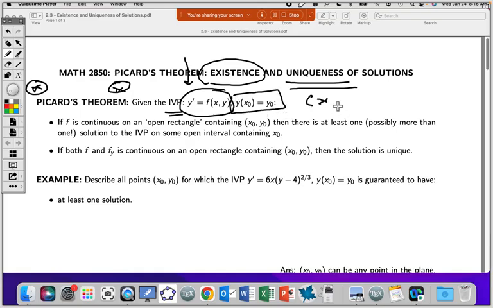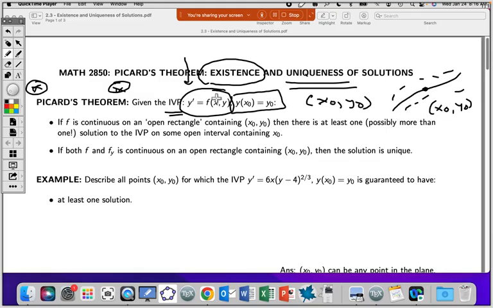So once again, if we think geometrically, the y prime is describing the slopes of the curve, and y of x naught equals y naught is specifying which point we want the curve to go through. Of all the different curves, we want to get the one that goes through that point.